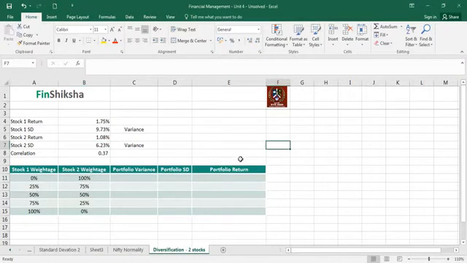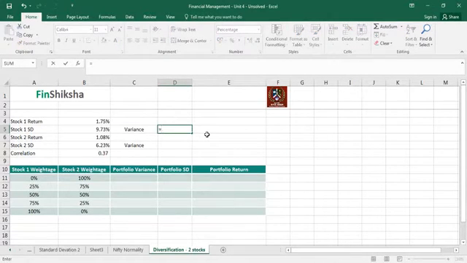So that's our Excel file that has the data available with us, and the data is stock 1 return, stock 1 standard deviation, stock 2 return, stock 2 standard deviation, and correlation coefficient. Weightages are given to us. Can we calculate the portfolio variance, portfolio standard deviation, and portfolio return, right? Let's first calculate the variance. That's going to be standard deviation squared.